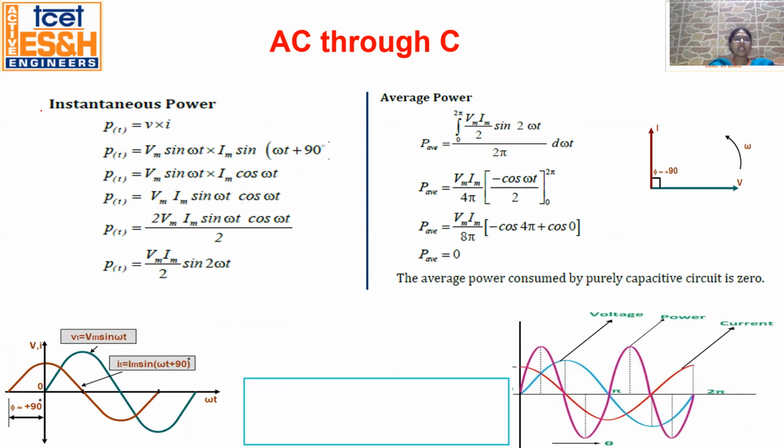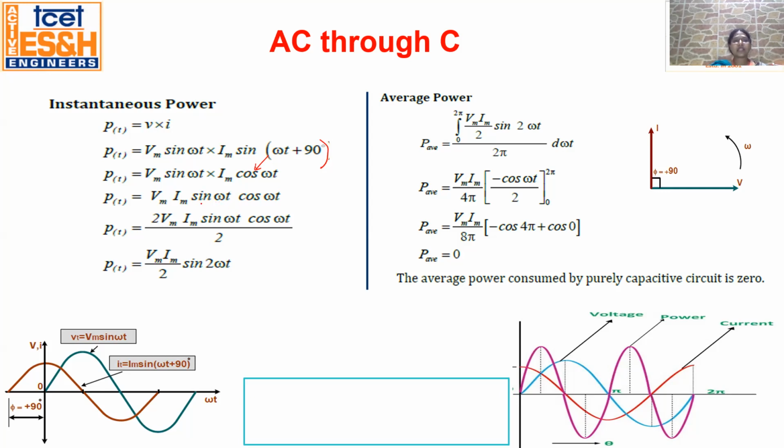Now the instantaneous power. The instantaneous power is instantaneous voltage multiplied by instantaneous current. So we have this equation: Vm sine omega t multiplied by Im sin omega t plus 90, and in place of sin omega t plus 90, that is cos omega t. Now Vm Im sin omega t multiplied by cos omega t.